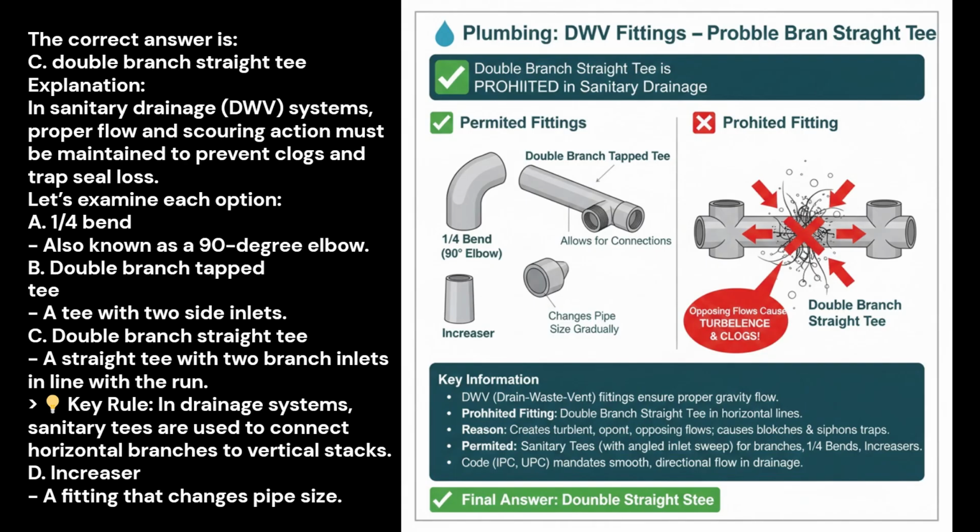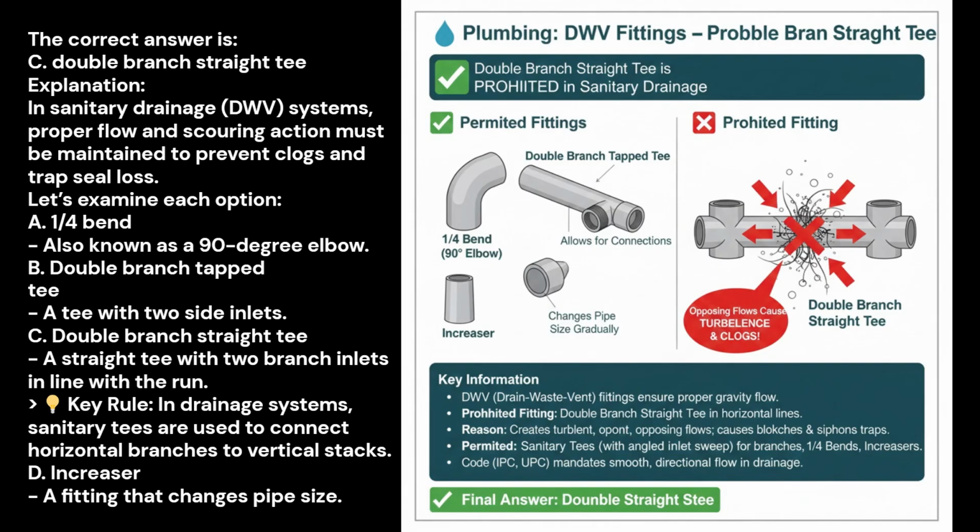C. Double branch straight T. A straight T with two branch inlets in line with the run, commonly used in pressurized or vent systems, not in drainage. Prohibited in sanitary drainage, waste, piping because it creates opposing flows that cause turbulence, blockages, and loss of trap seal.